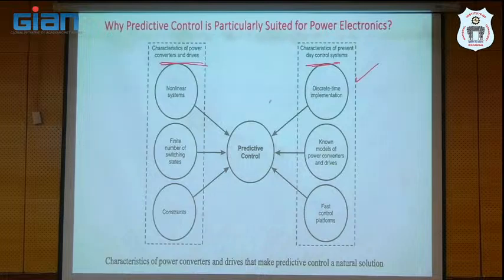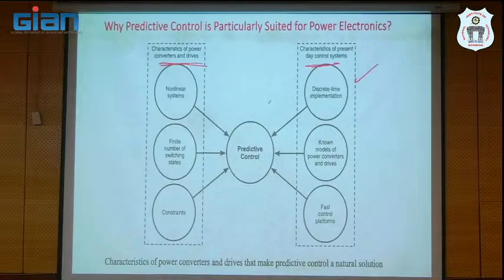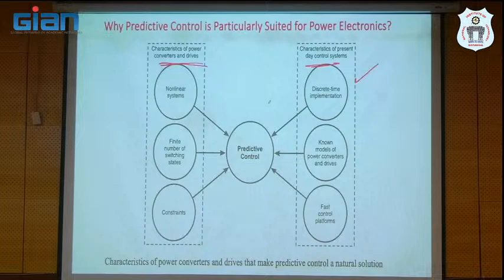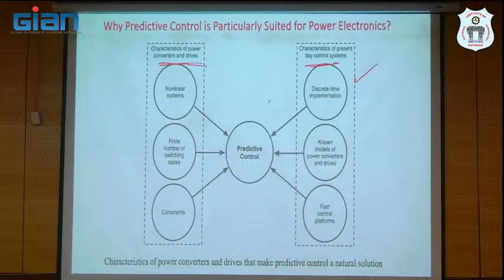Next, one more important thing is the power electronic side. What is the advantage? Once you have the power circuit diagram of the particular power converter, we can easily predict the position of the resultant voltage vector for a particular switching state. Whether it is a multilevel inverter or a two-level inverter, identifying the resultant voltage for a particular switching state is very easy to calculate.